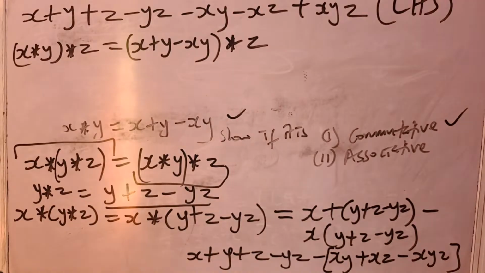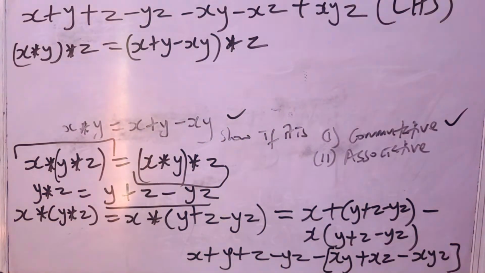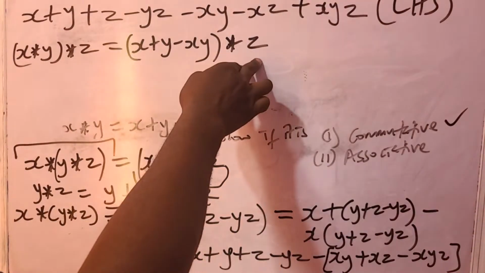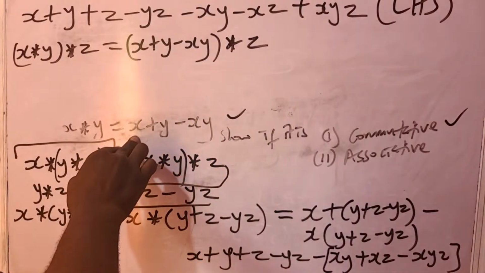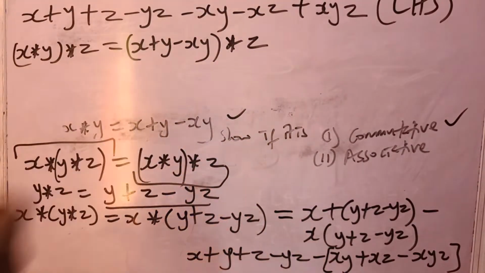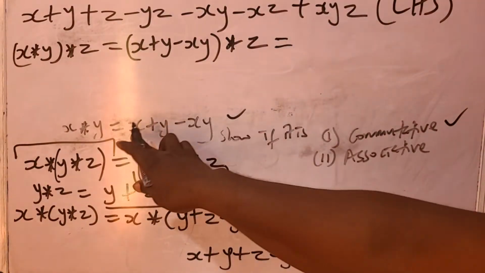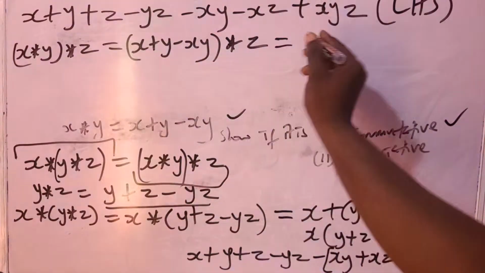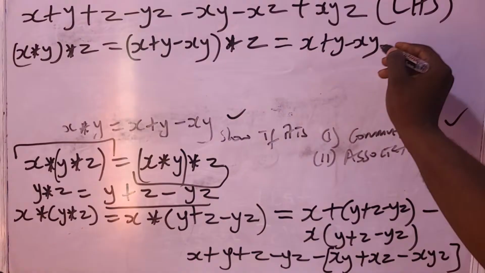Don't forget, as I said already, you have to always revert back to your initial function. So this is first, this is second. So you have to take this as your first and take z as your second. So using the expression, you'll be having x, the first one now is this, that will be x plus y minus xy.